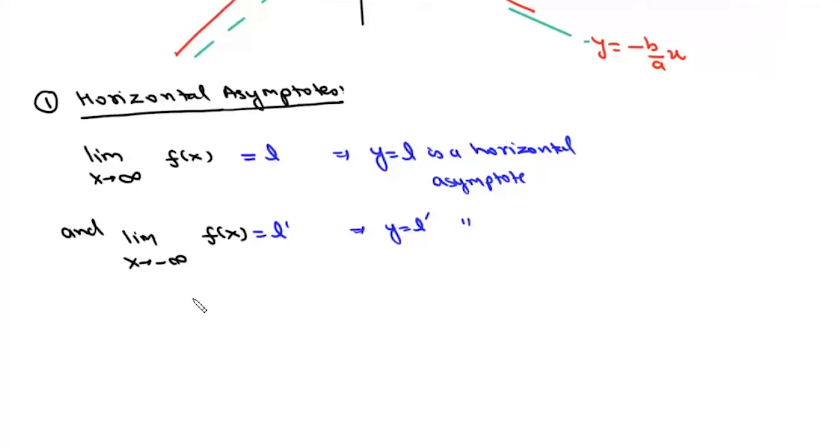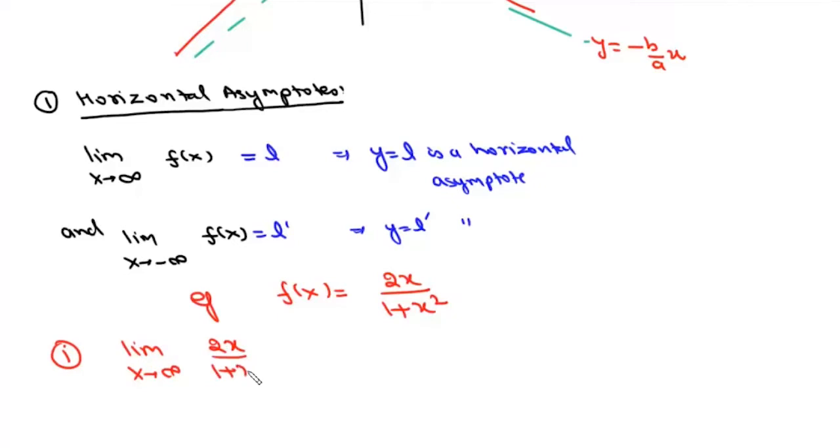If we take a very simple example, suppose we have this function f(x) equal to 2x upon 1 plus x square. Now we have to find its horizontal asymptotes. So first we'll calculate this limit: limit x tends to infinity 2x upon 1 plus x square.